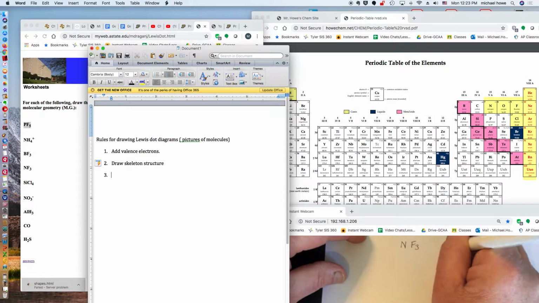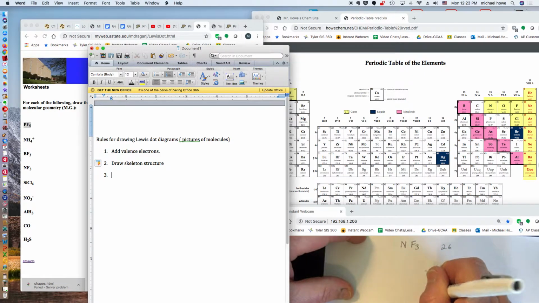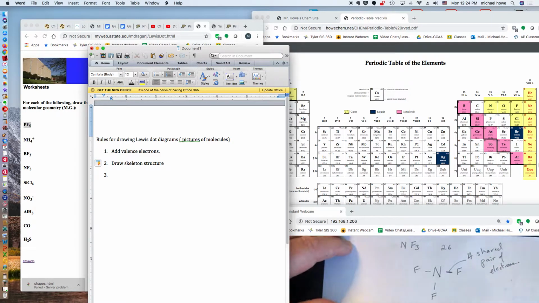If you draw the skeleton structure, you'd put an N in the middle, and then you'd put the F's around the N, like that. So you're connecting them with a bond, and that bond represents a shared pair of electrons. So when I talk about bonds, a bond is a shared pair of electrons.